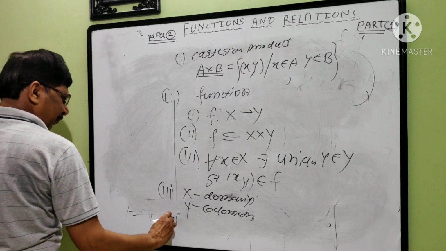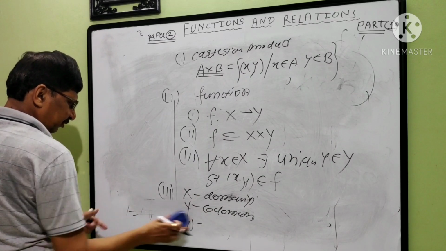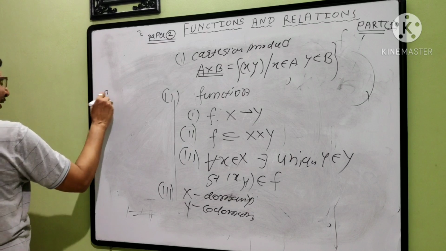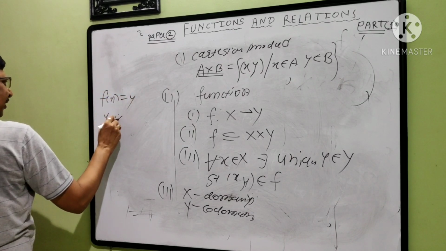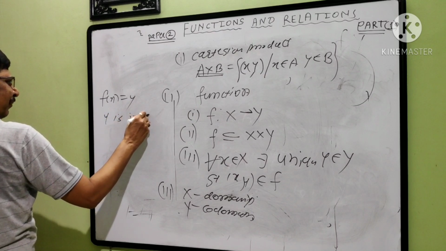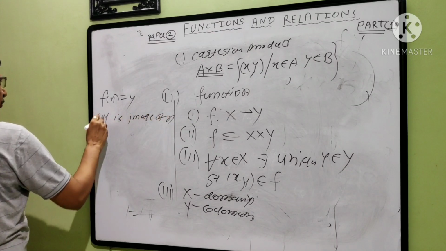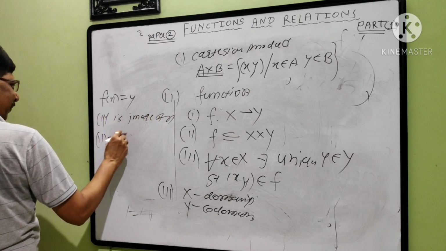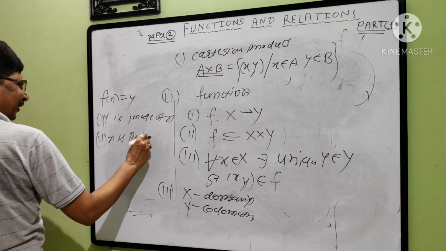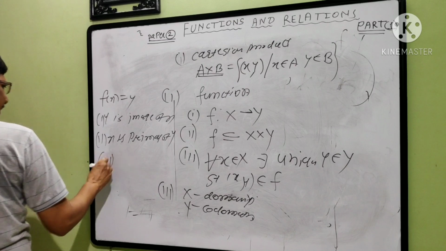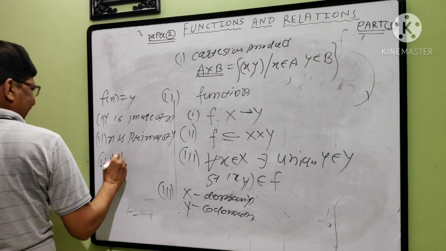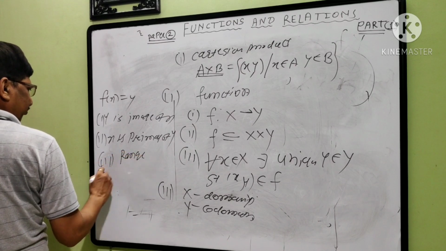Next point, if f of x is y, then we can say that y is the image of x. Number two, x is the pre-image of y. Okay, next is the range.